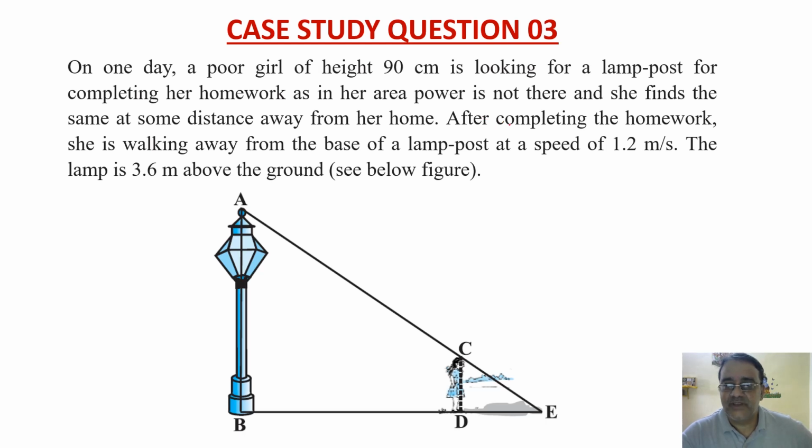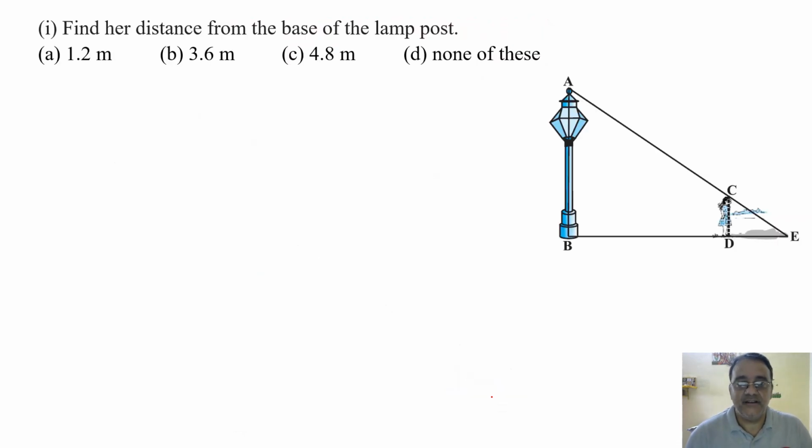After completing the homework, she is walking away from the base of the lamp post at a speed of 1.2 meter per second. The lamp is 3.6 meter above the ground. ठीक है. So this figure, first question, find her distance from the base of the lamp post. Right. That means we need to find BD. यहाँ से लेकर यहाँ तक.